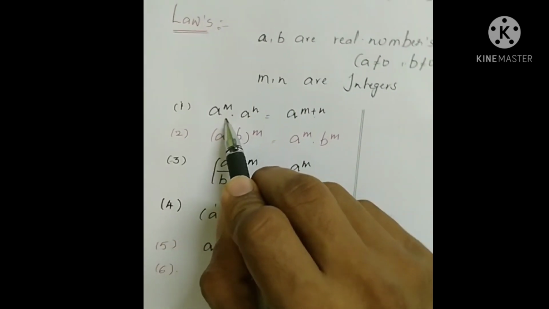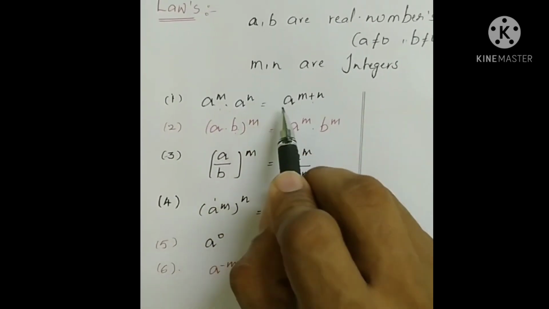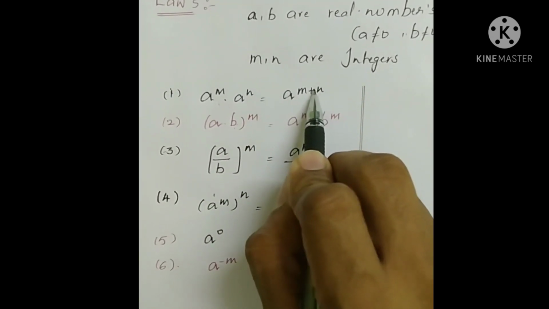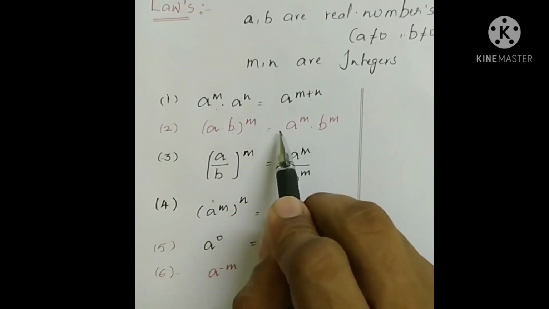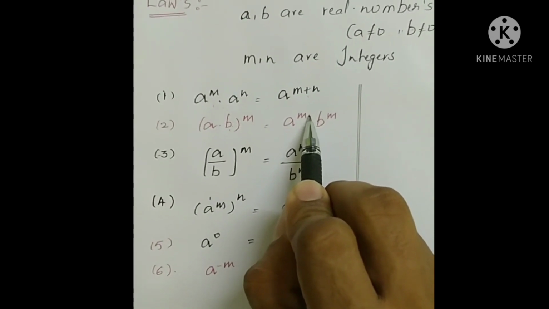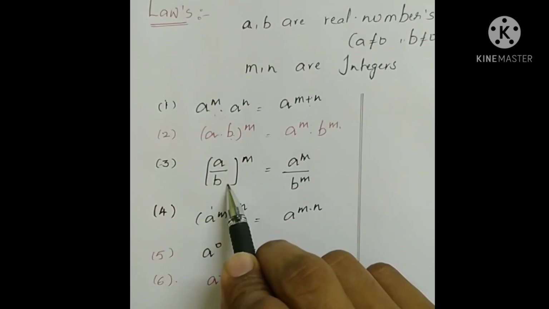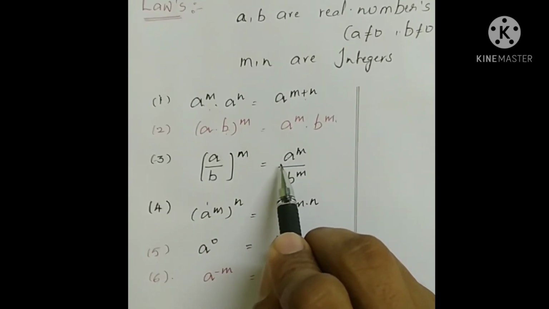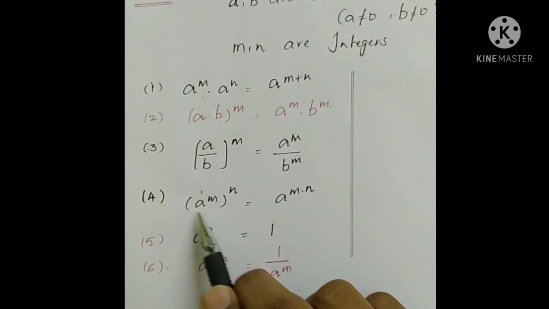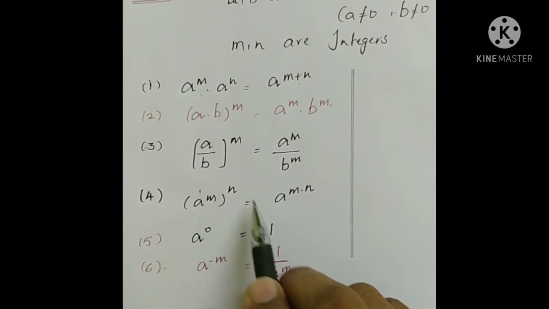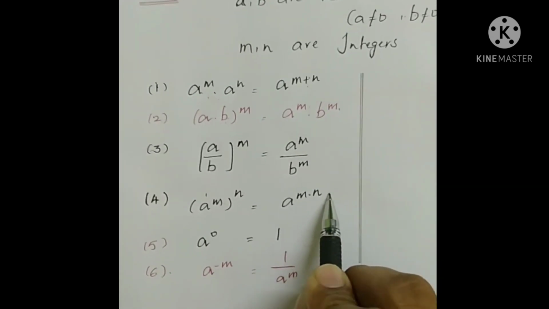Our first law of exponents: a power m into a power n is equal to a power m plus n. a into b whole power m is equal to a power m into b power m. Next one, a by b whole power m is equal to a power m by b power m. So a power m whole power n is equal to a power m into n.